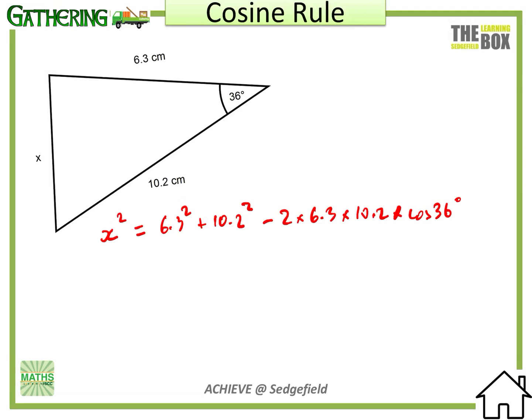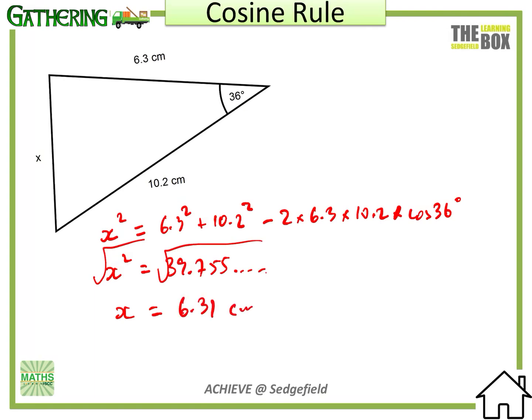Make sure your calculator is in the right setting. So x squared is equal to 39.755. And then x is the square root of that answer. So square root both sides. Root of your answer equals 6.31 centimeters to 3 significant figures.